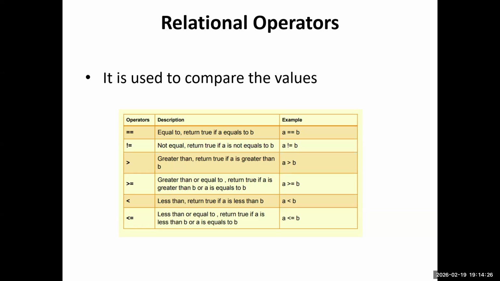So if you want to find a solution like that, you go for the relational operator whenever a condition is applied. For example, the session starts at 7 o'clock and the end time of the session is 8. Whenever you join at 7 o'clock, you can attend the class.